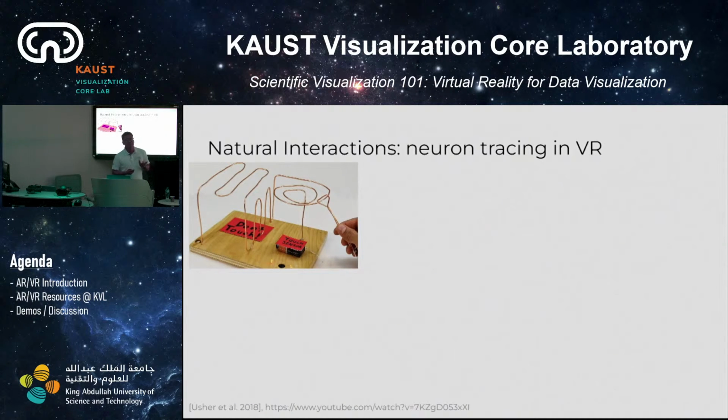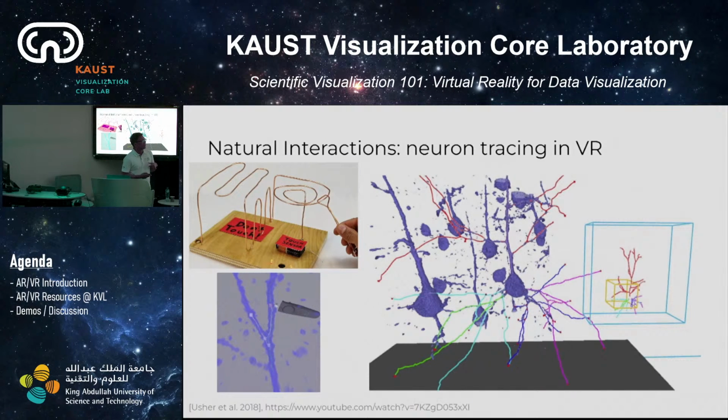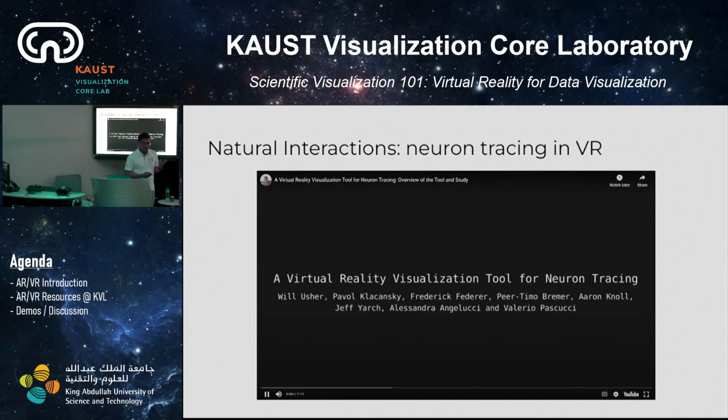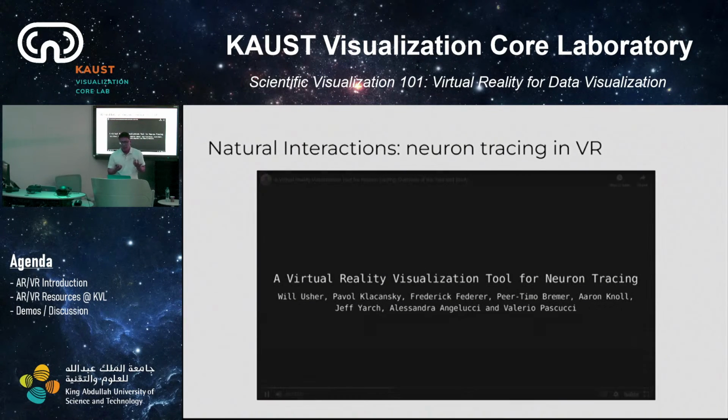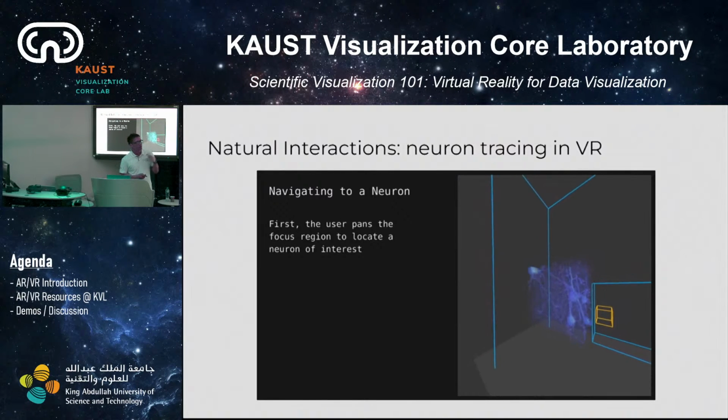Natural interactions. So I'm not sure if you've played a game like this, but this one requires that, you know, you're pretty good with your hand and moving it in 3D space. But this kind of skill can be used for tracing neurons in 3D, right? So there was a paper a long time ago that did just that. And there's a video here that shows you. So doing this with a mouse and keyboard is difficult compared to doing it in VR.